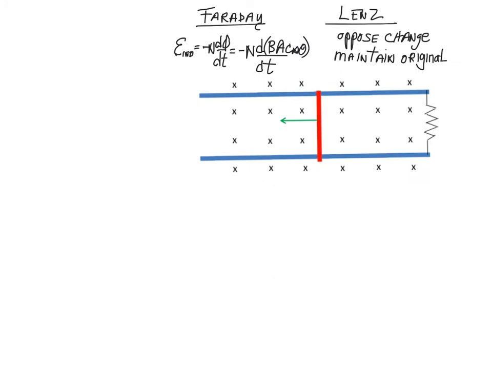Number 9, there's a lot of physics embedded in this problem. So let's go through some of it and then we can talk about answering the questions. So you have 2 conducting rails connected by a resistor, so this forms a conducting circuit, and as the bar slides, the flux is going to increase.